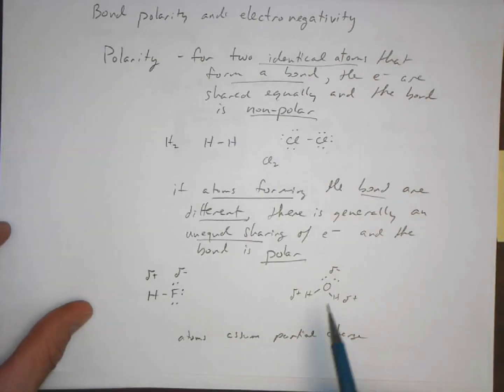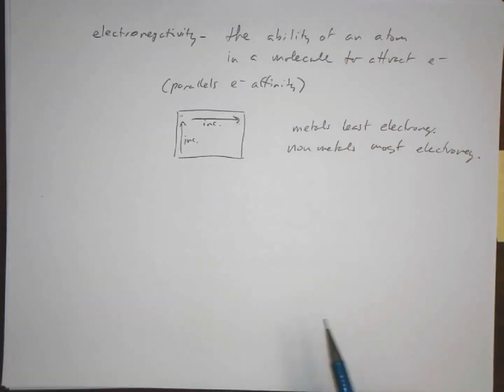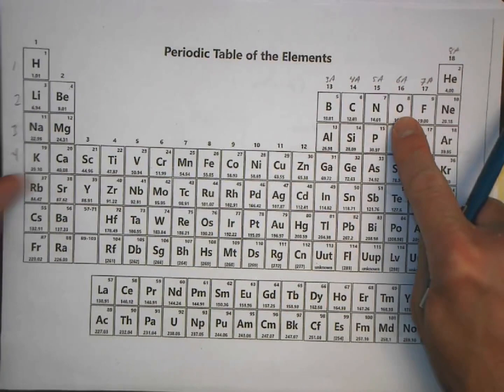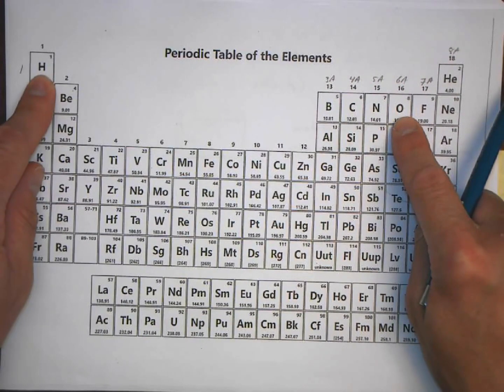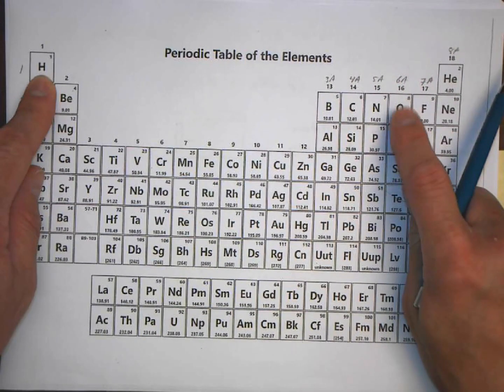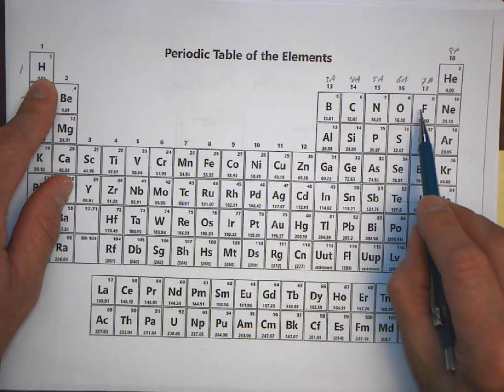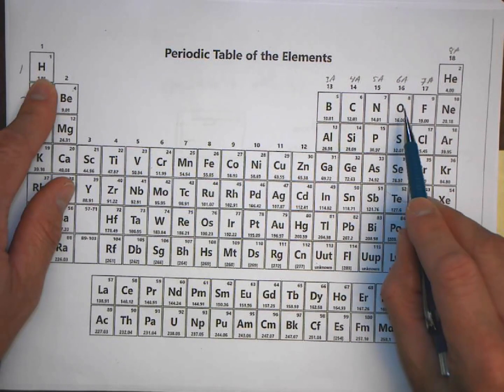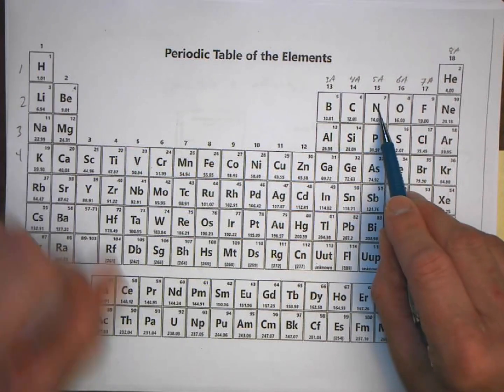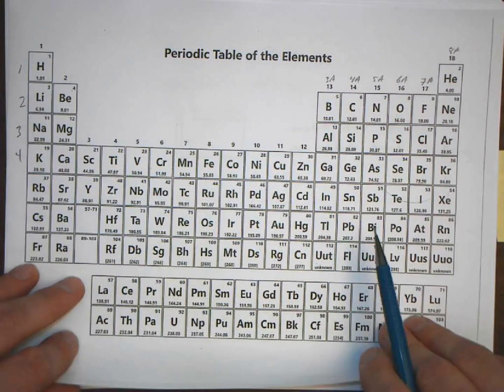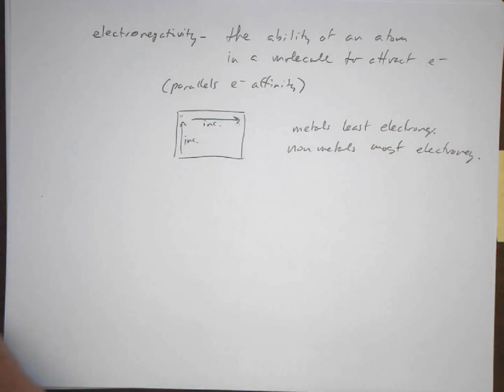Same thing with oxygen. If we use our periodic table, oxygen is here, hydrogen is here. Oxygen is more electronegative than hydrogen. Fluorine is more electronegative than oxygen. Oxygen is more electronegative than nitrogen, and so on.